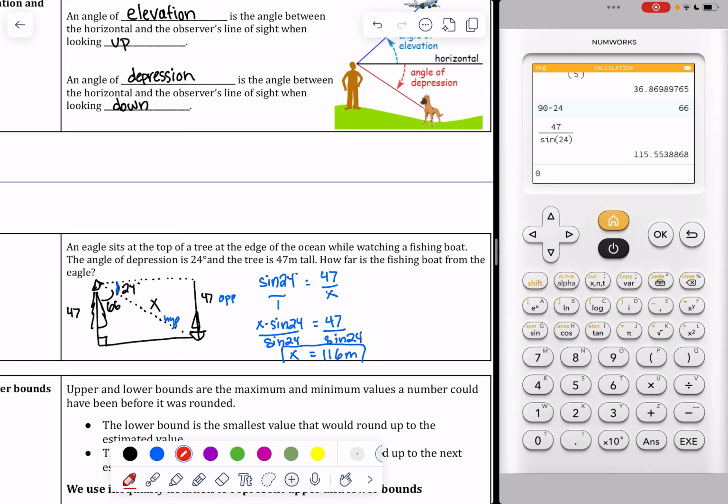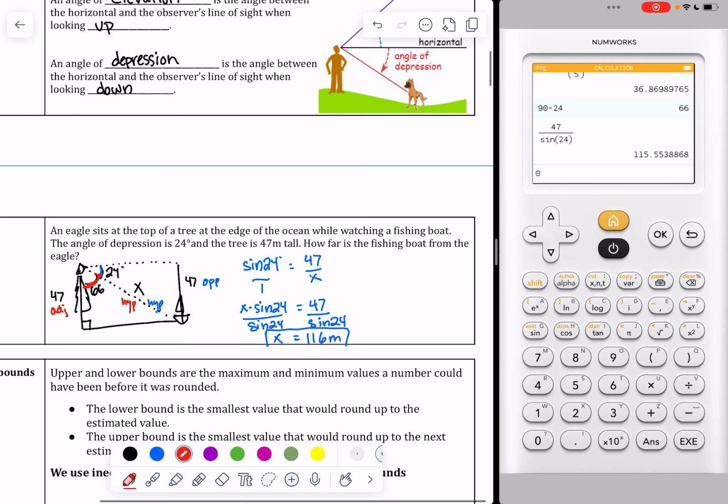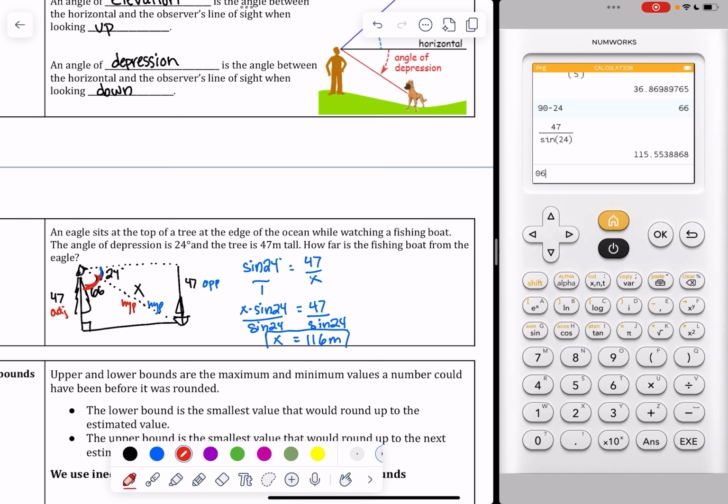Just to show you all what would happen if we used 66, we could still do that. We just have different information now. This would be the adjacent leg, and this is still the hypotenuse. So setting it up that way, we'd have cosine of 66 equals a over h, so 47 over x. Again, setting it up as a fraction can allow us to cross multiply.